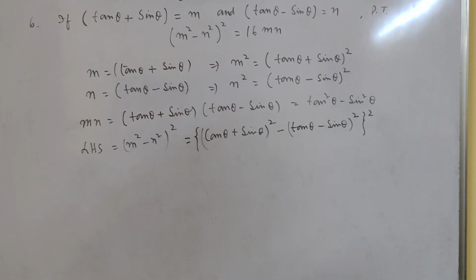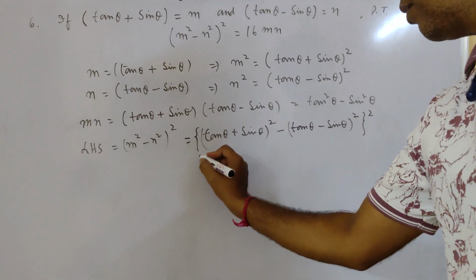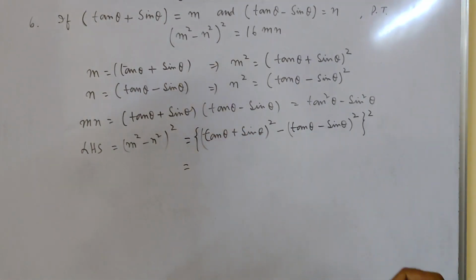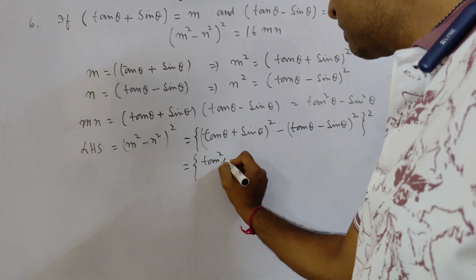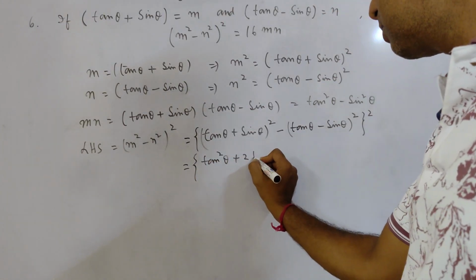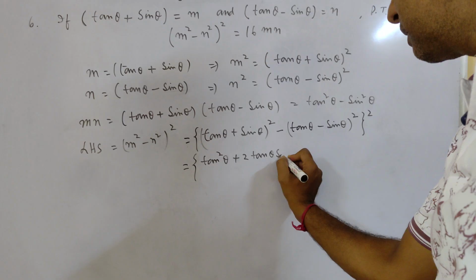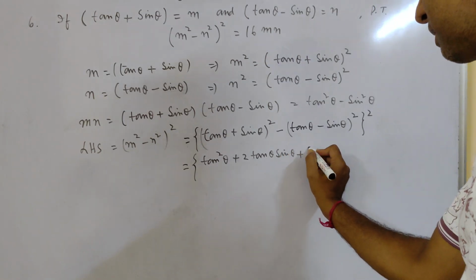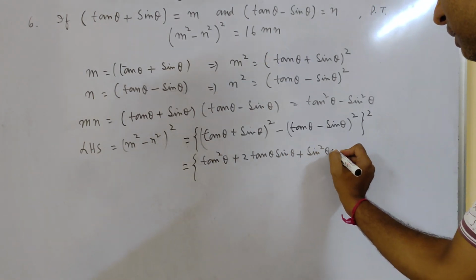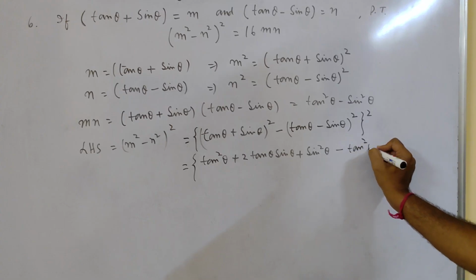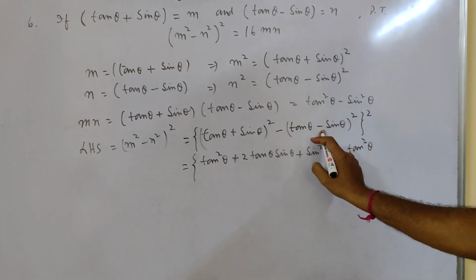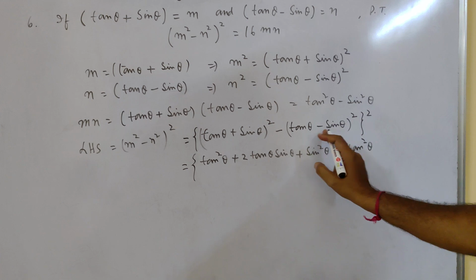Fine. So if we expand this one, we may write tan square theta plus 2 tan theta sin theta plus sin square theta, minus tan square theta minus 2 tan theta sin theta plus sin square theta, using (a minus b) whole square.